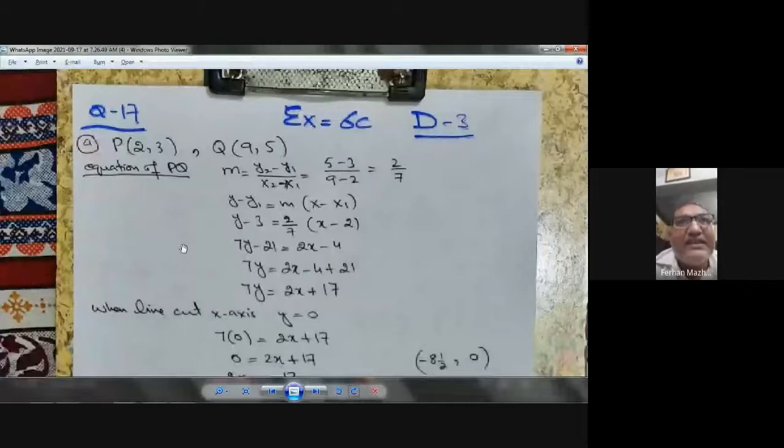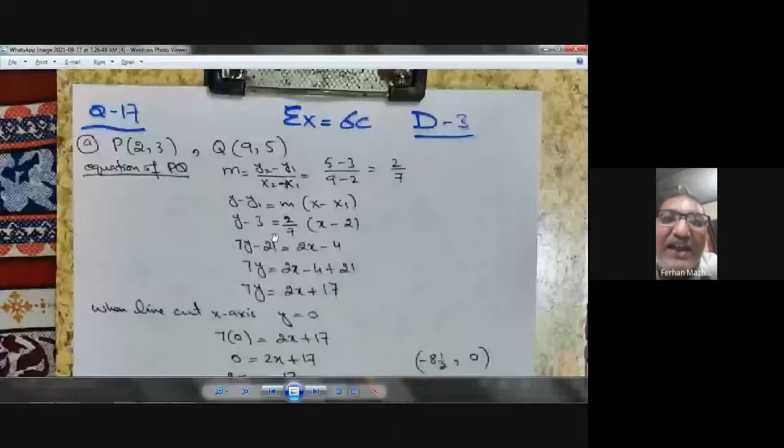I apply the formula for the gradient and put in the values, and you get the gradient 2 by 7. Then I apply the formula for the equation: y minus y1 equals m bracket x minus x1. I use the first point, so x1 is 2, y1 is 3, and the m value is 2 by 7. You simply put those values in. Y minus 3 equals 2 by 7 bracket x minus 2.